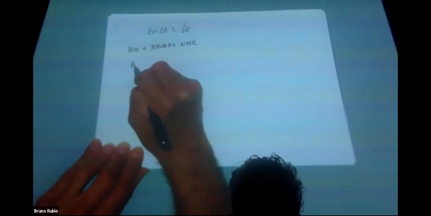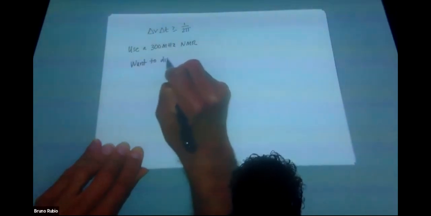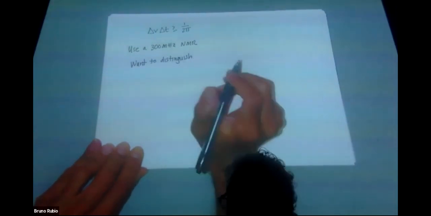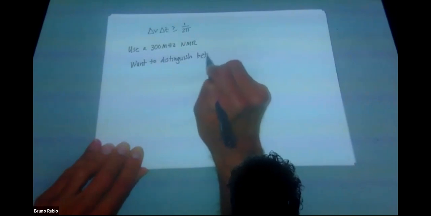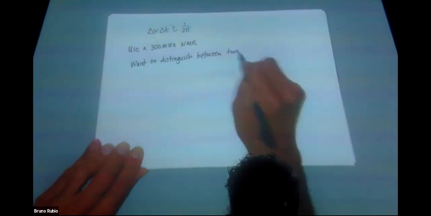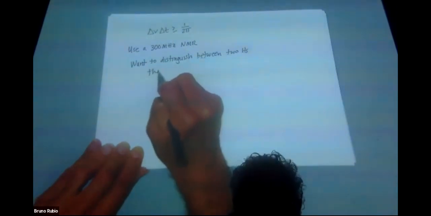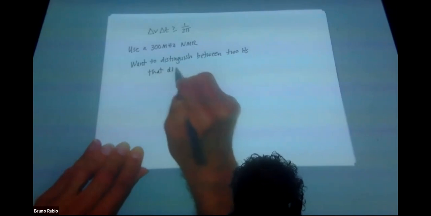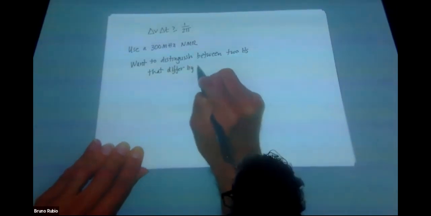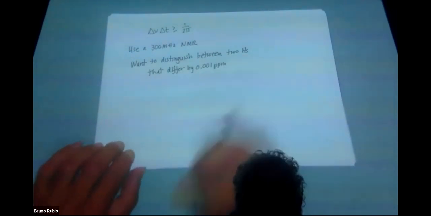And now what we want to do is we want to be able to tell the difference between two protons that differ in chemical shift by 0.001 ppm.